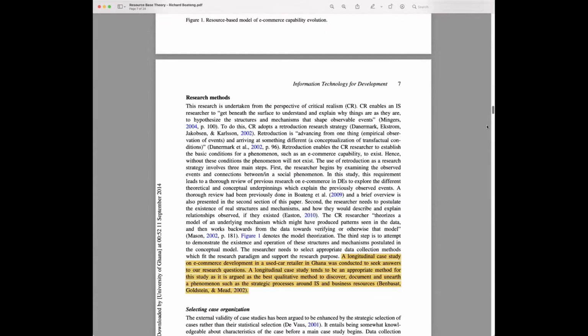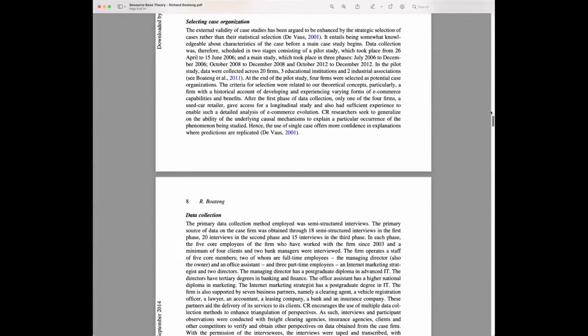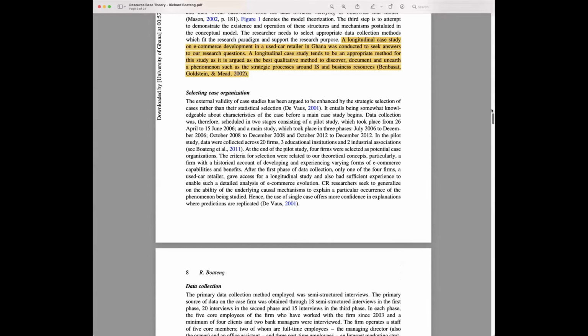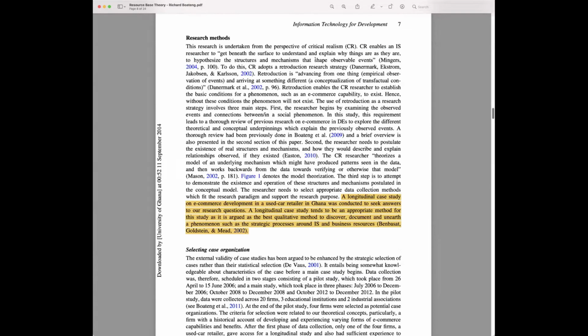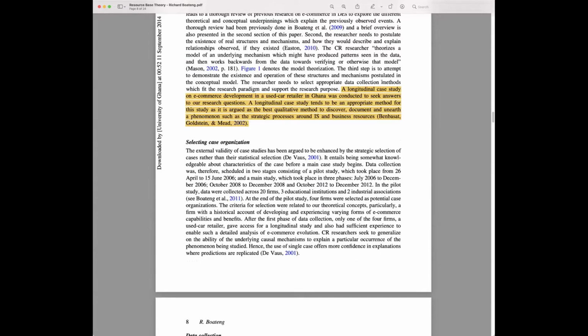So it starts by, if you look at the data, research methods, it talks about using critical realism. After that, it goes to a longitudinal case study was conducted to seek answer to our research questions. A longitudinal case study, the appropriate method for this study, is argued as the best qualitative method to discover, document, and unearth.